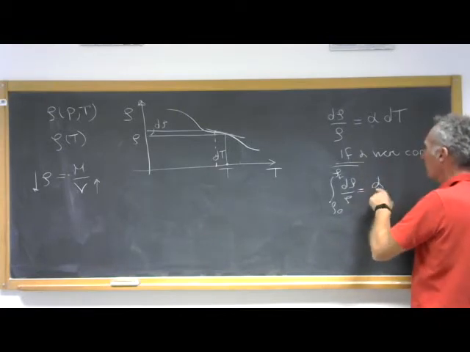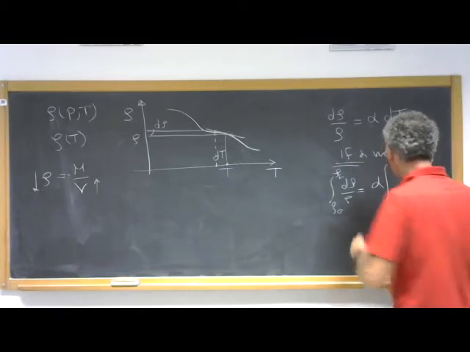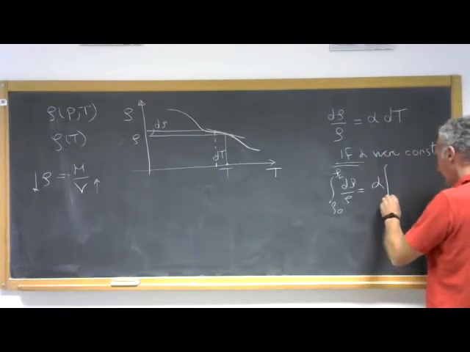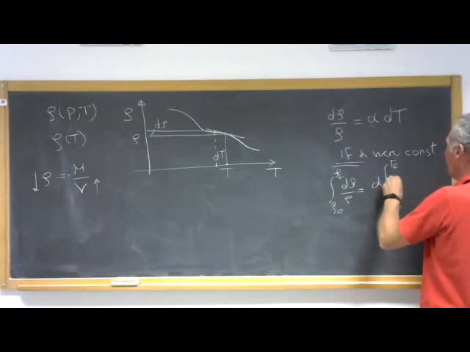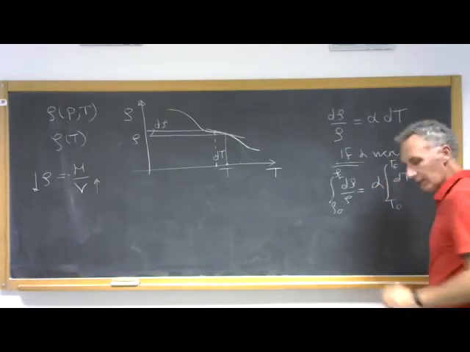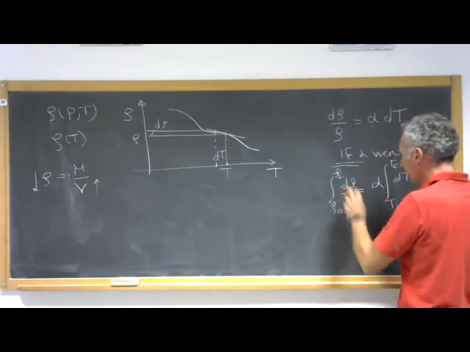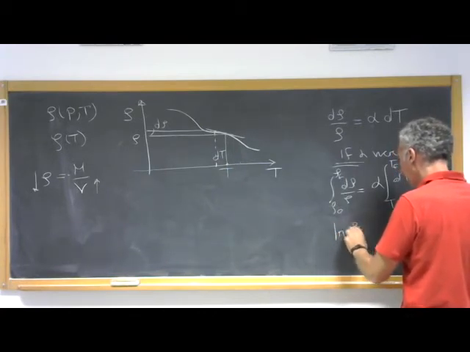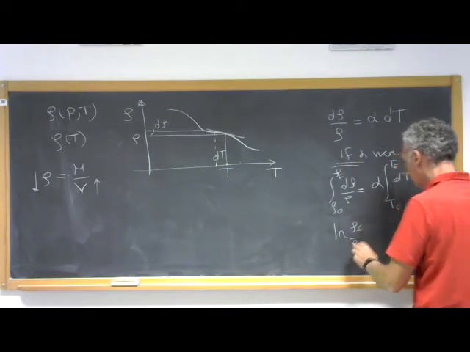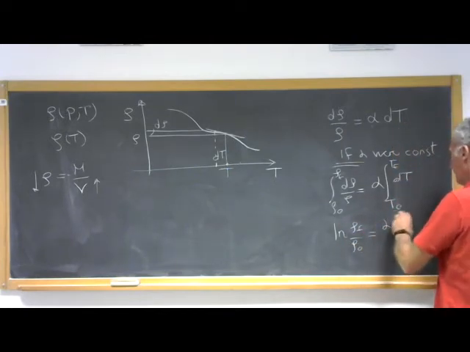So if this were constant, I could take it out of the integral from T naught to T final of dT, and then once integrated, this would be the logarithm of rho final divided by rho naught, and this would be equal to alpha times T final minus T naught.